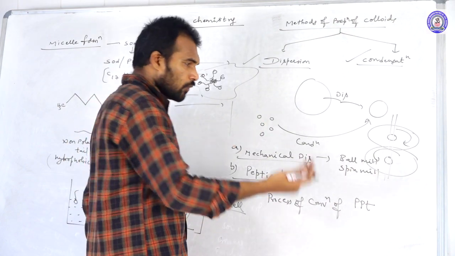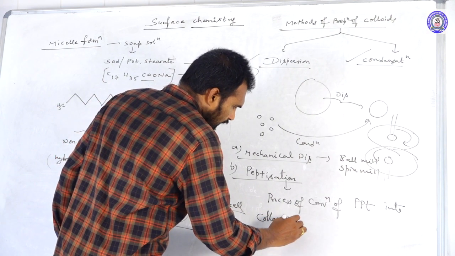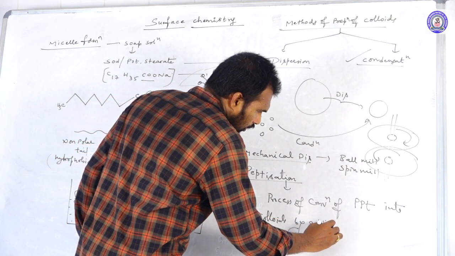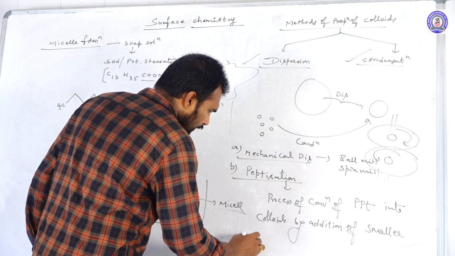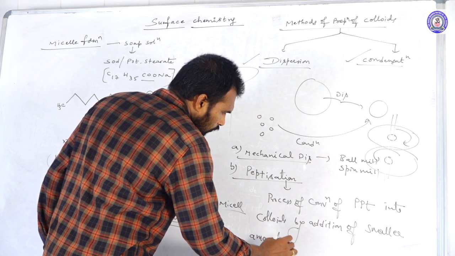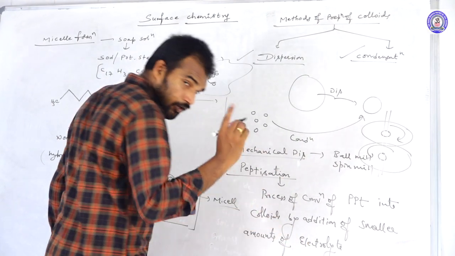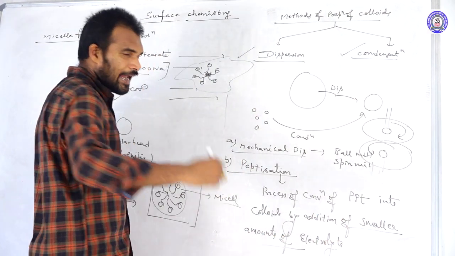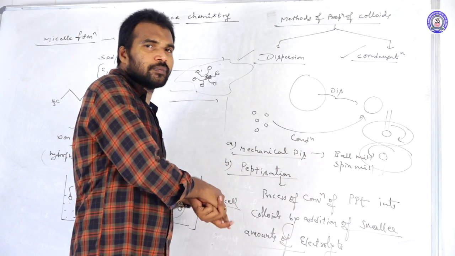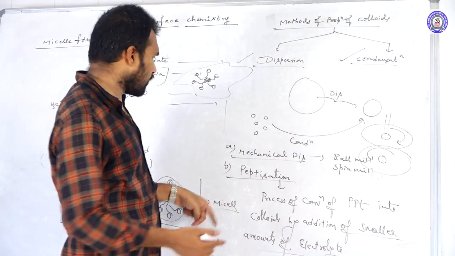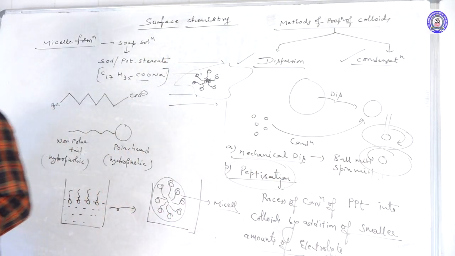So the process of conversion of precipitates into colloids by addition of smaller amounts of electrolytes. See, one point here should be smaller amounts. We should not add electrolyte in bigger amounts. By adding very small amounts of electrolytes, we are converting the precipitates into colloids. That process we call peptization. Very important.